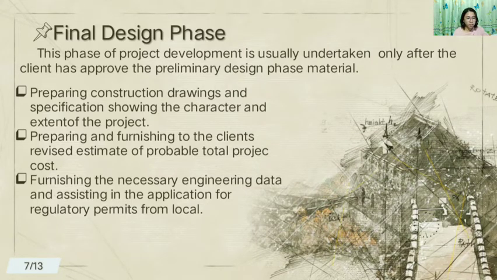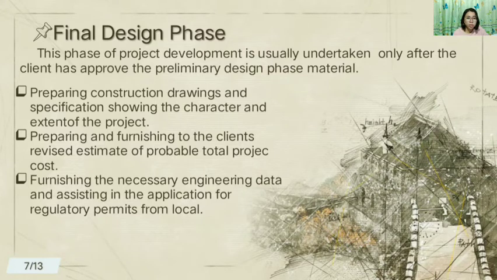Next is furnishing the necessary engineering data and assisting in the application for regulatory permits from local authorities. So in this phase, the finalizing of the approved preliminary design occurs, from sketches to estimated cost.